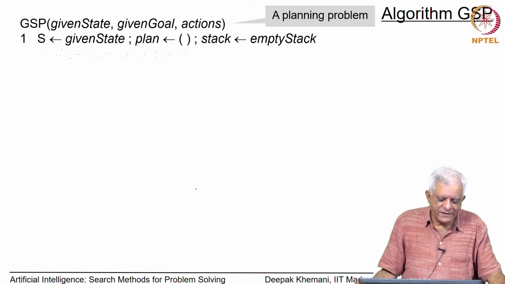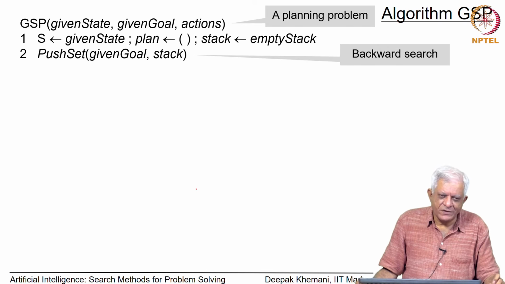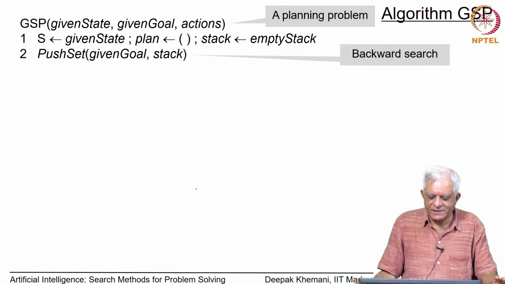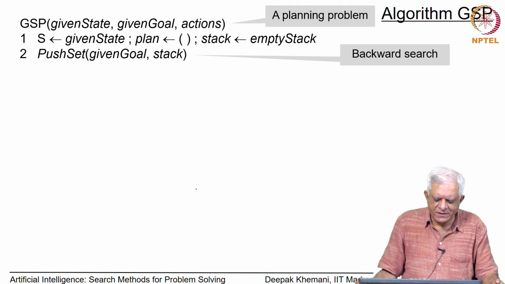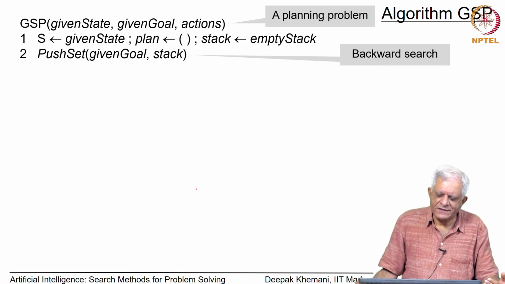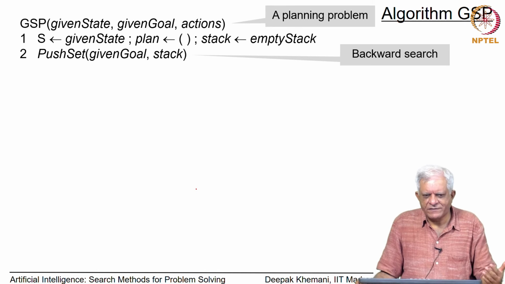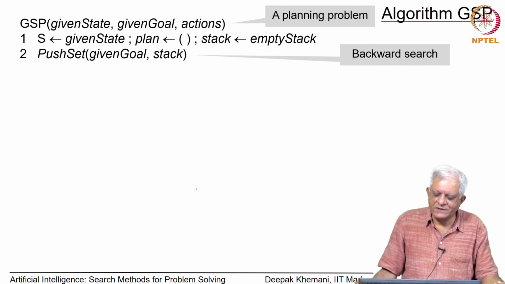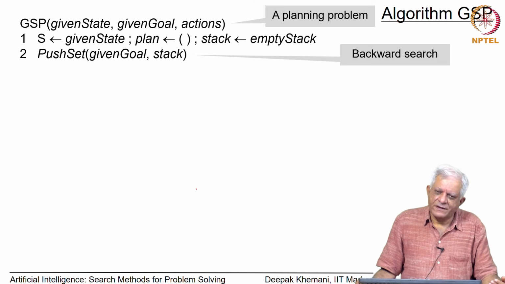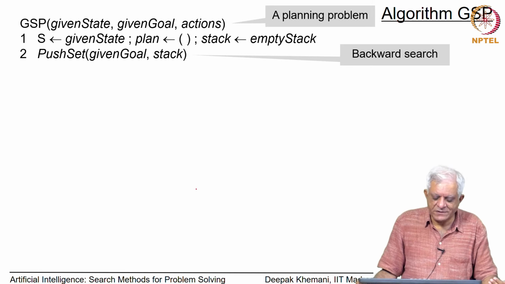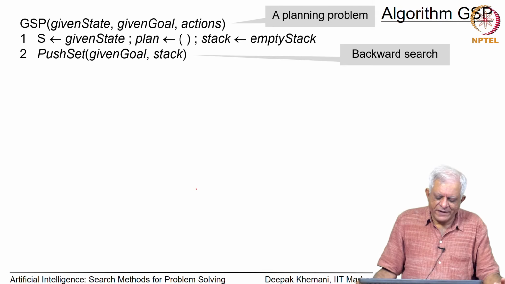As we said, its main action is that you push the goal set or the given goal, which is a compound goal, onto the stack, and you can see that this is the flavor of backward reasoning, that you are trying to figure out what are the relevant actions that will finally let me achieve the goal that I want to achieve. To facilitate that, we push the goals onto the stack, and then of course, we will pop them out one by one and try to achieve them.